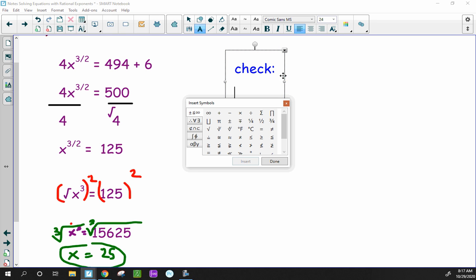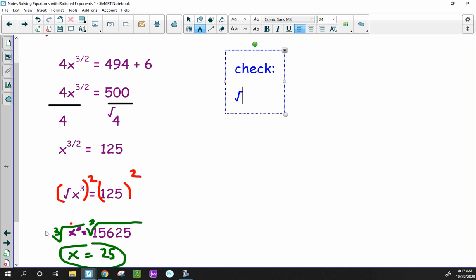Switch it up this time and do the square root. I said cube root, I meant square root there. And so the square root of x is 25, we think. We're going to cube it and set it equal to 125 and see if it works.